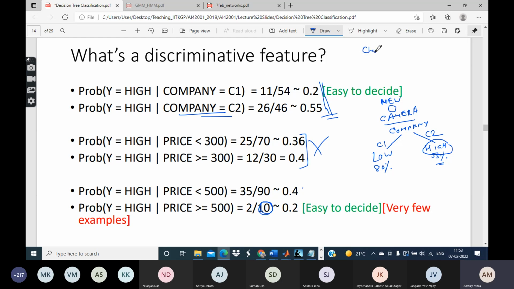Choose a feature, check its value, predict label according to a simple rule, according to this value.